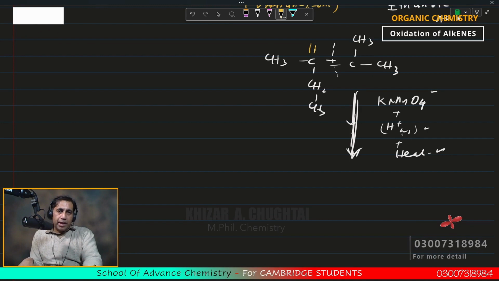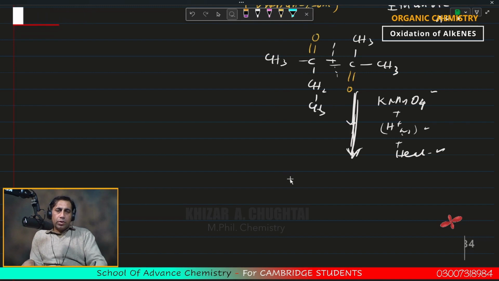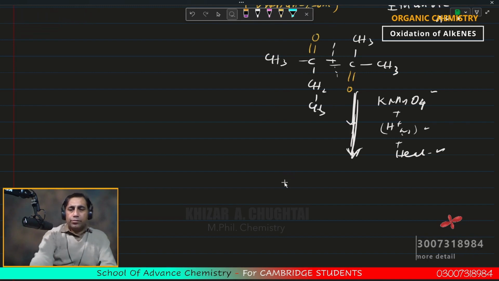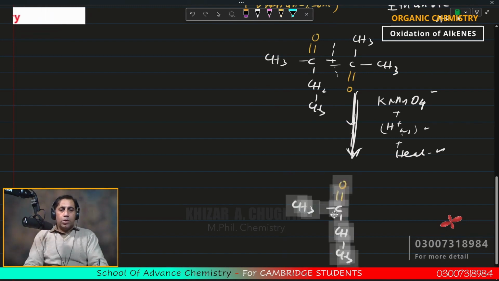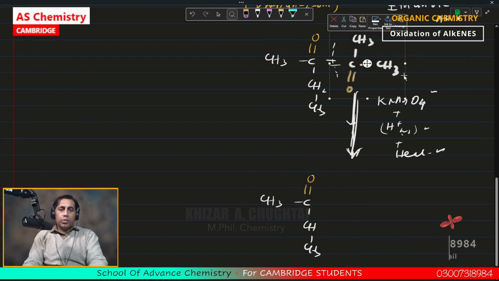So simply we are introducing this C double bond O, same as the case over here, C double bond O. So we have made these compounds. So what are these compounds? What is the compound over here? One compound is this one, and the other compound is this one.